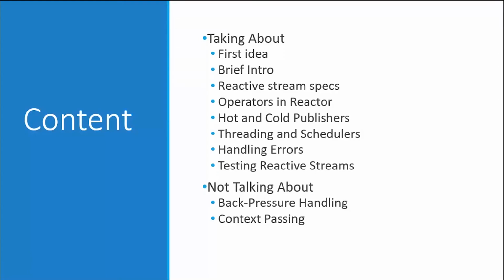Here, I'm going to first give you an idea and then a brief intro on why reactive programming was created, then some reactive stream spec, the model of the reactive stream, and then the operators available in reactive programming or Reactor, and then hot and cold publishers, and then how we can do threading and scheduling, use schedulers to change context, and how we handle errors, and finally how we test this reactive stream.